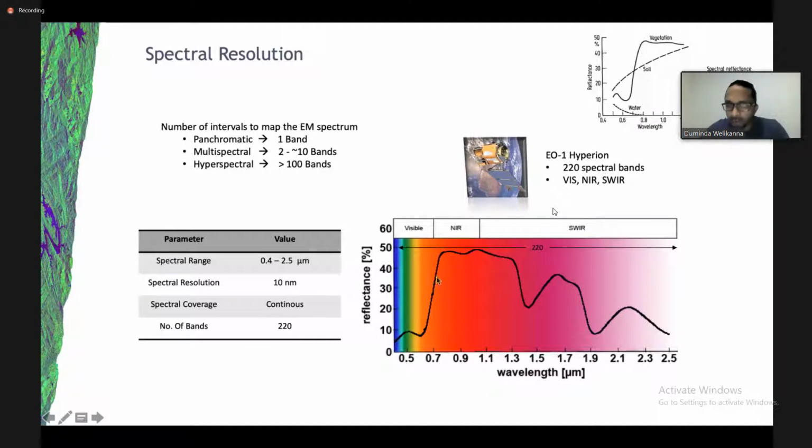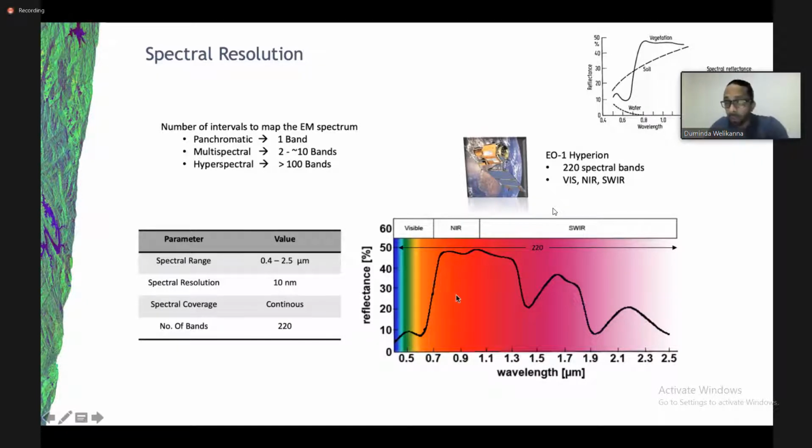So what happened with hyperspectral sensors? They give a complete spectral profile because there are 220 images across the electromagnetic spectrum. So Hyperion is a hyperspectral sensor where you can get images for very small regions of the electromagnetic spectrum.